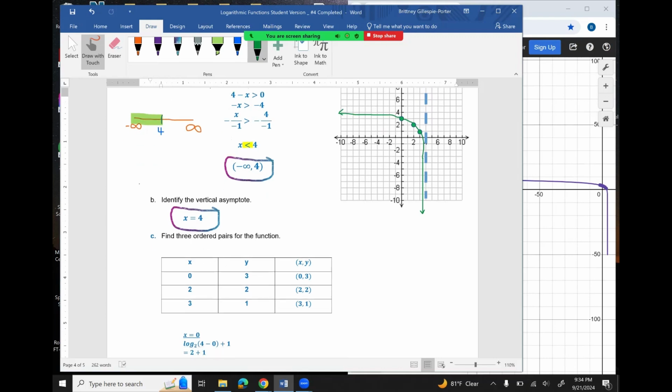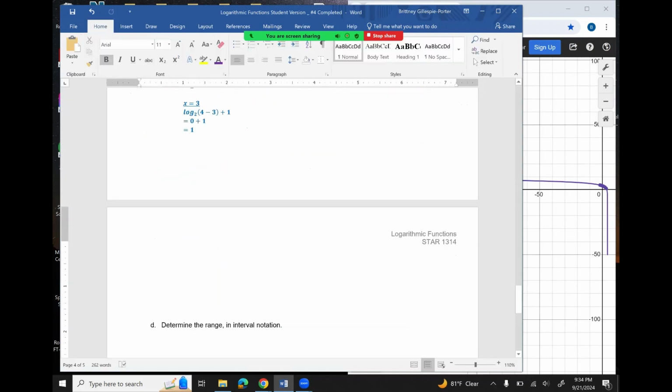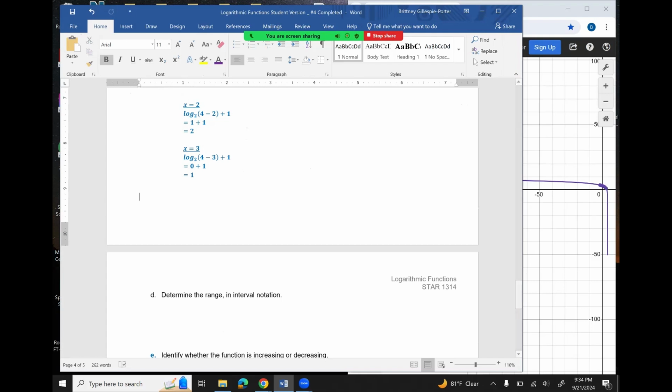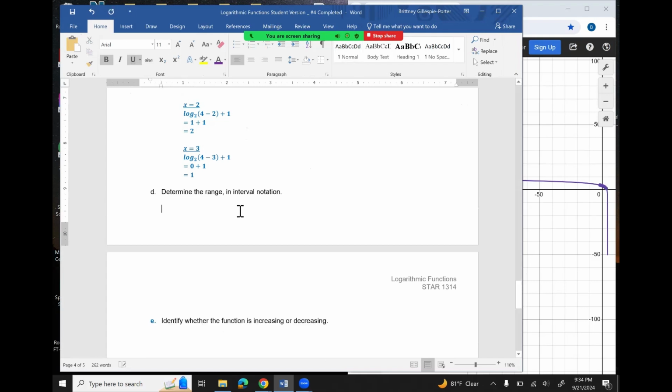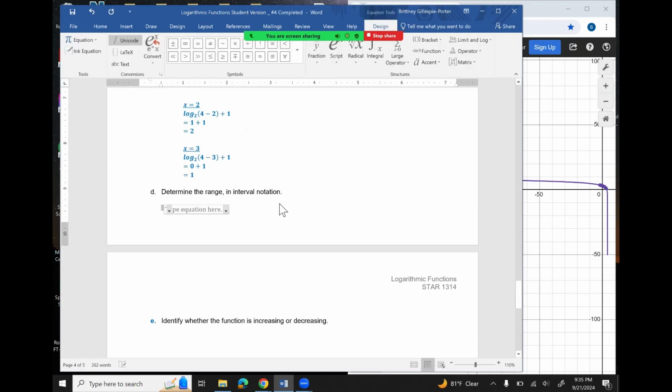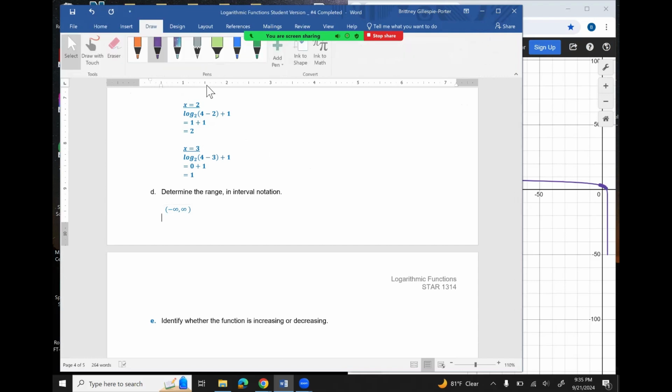Okay. Let's answer the remaining problems. Notation. Remember, the range is our y values. And in this case, we have a logarithmic function, which means our range is going to be negative infinity to positive infinity. With our log functions, this will always be your range. Always.